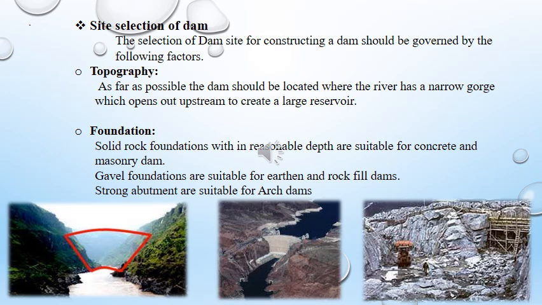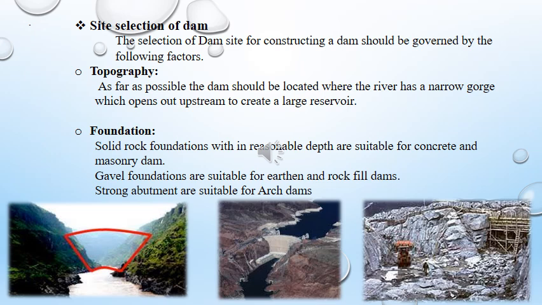The other factor is the foundation. The site should preferably have good sound rock for foundation. For a concrete or masonry dam, solid rock should be at the surface or within a reasonable depth below it. For an arch dam, strong abutments are essential.